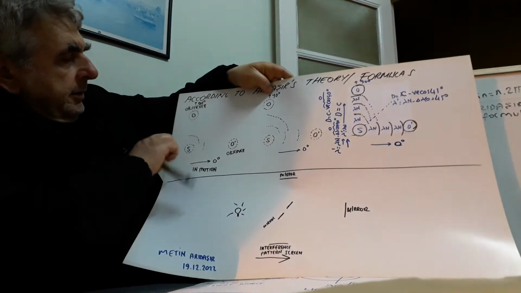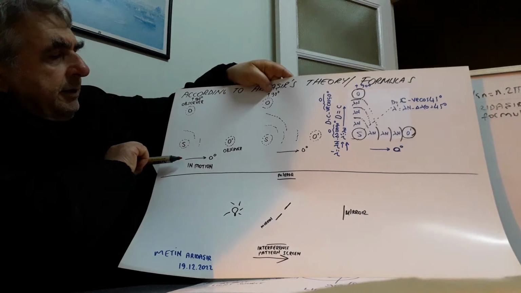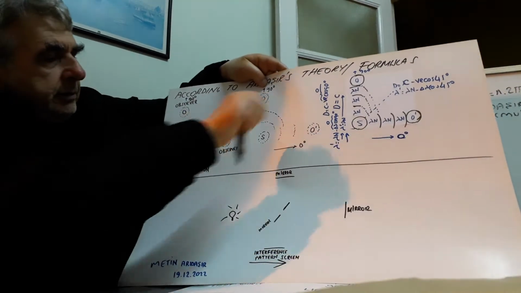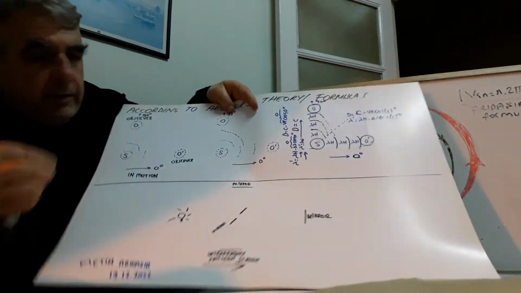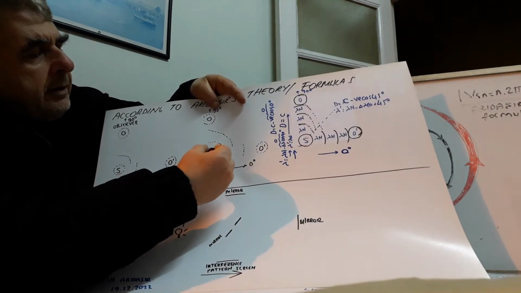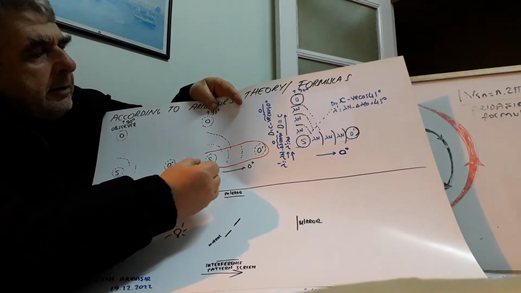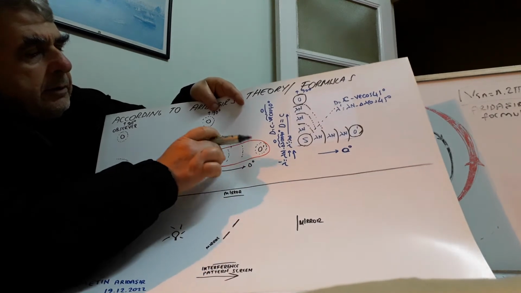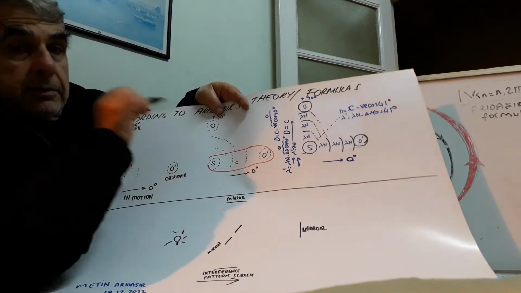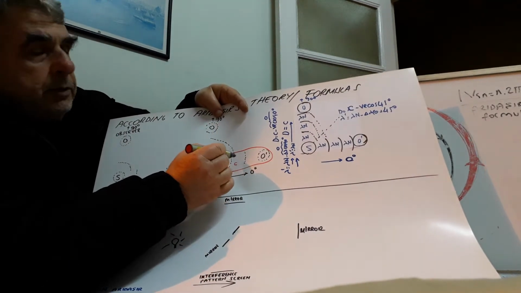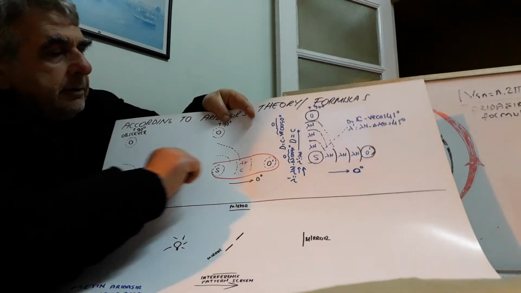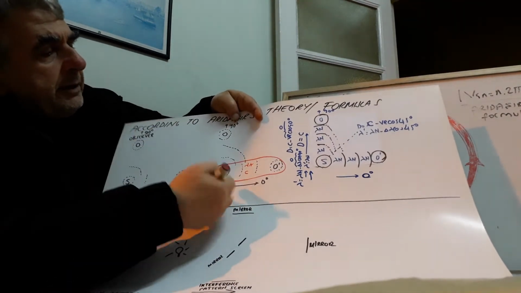Then if all 3 are in motion together in this direction, from source to O prime, in this area the wavelength will not change. At C, the speed of light velocity, and lambda n, the same wavelength doesn't change.